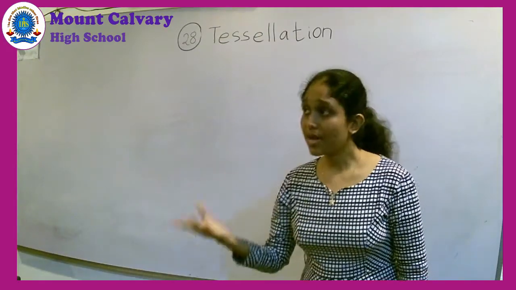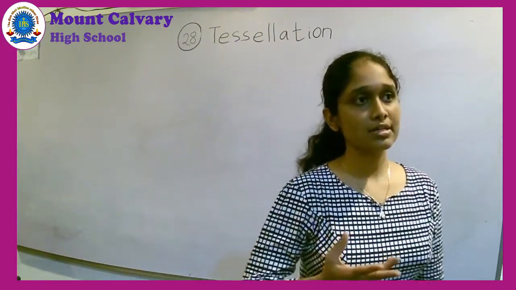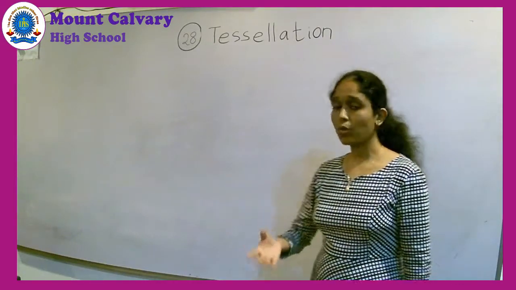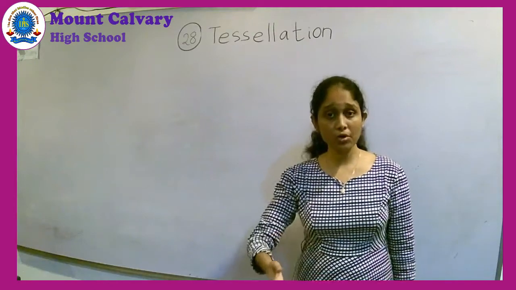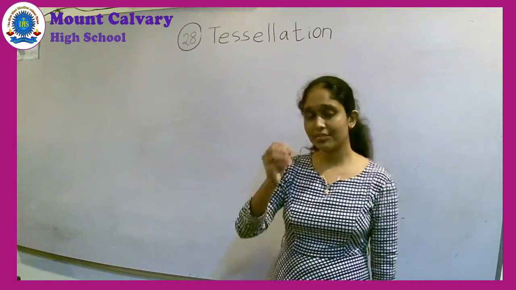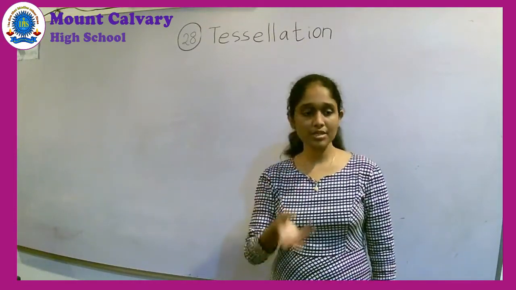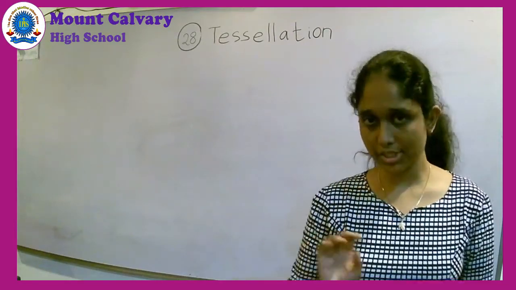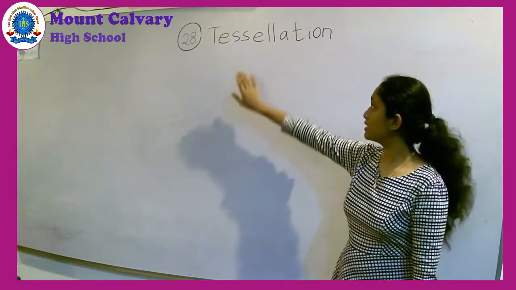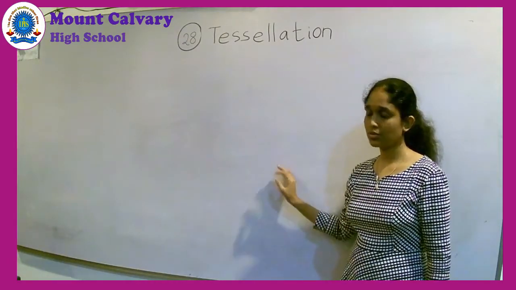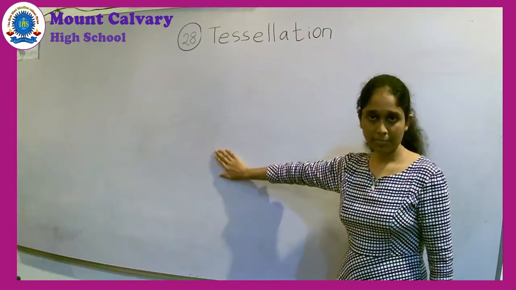In the environment also you can see different creations using different shapes, on the floor and in some courtyards, and on some clothes there are different shapes arranged according to a pattern. Those are examples of tessellation. So tessellation means creating different designs using shapes.